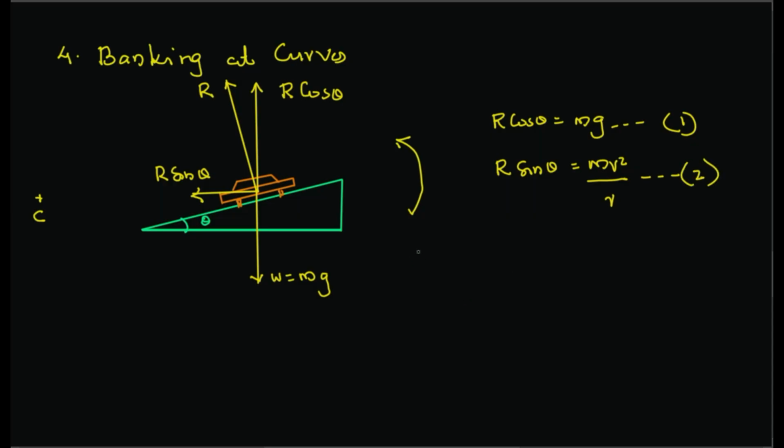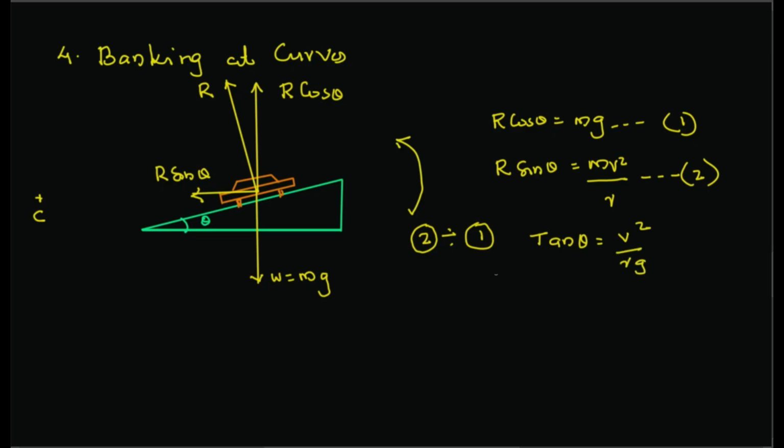Now, as in the previous case, you can divide equation 2 by equation 1. So you would get tan theta is equal to v square over r g.